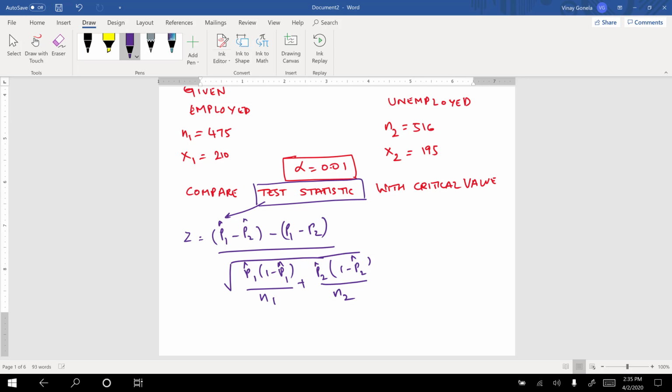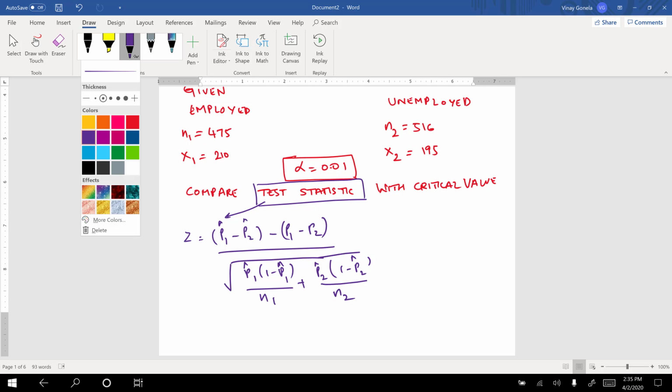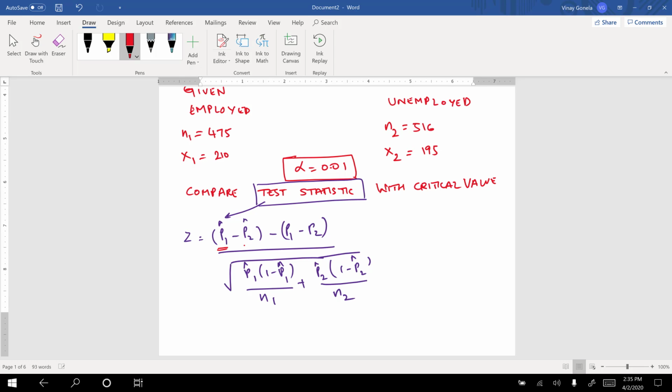So the first thing we need in this formula is what is p1 hat and what is p2 hat.